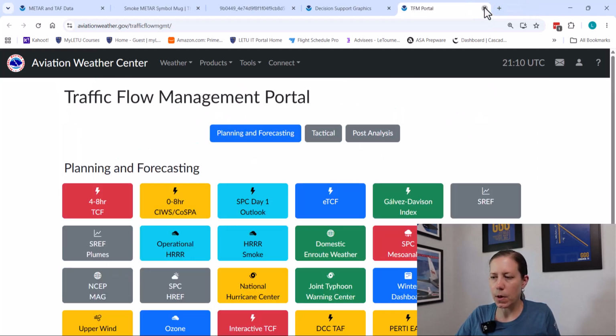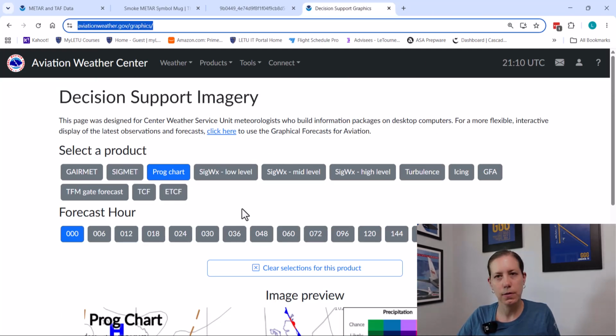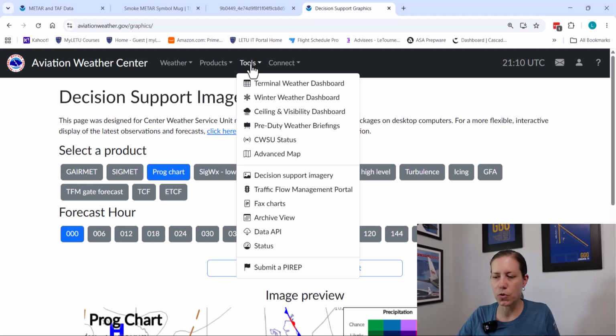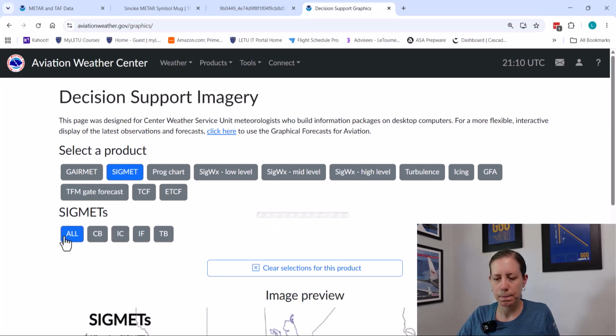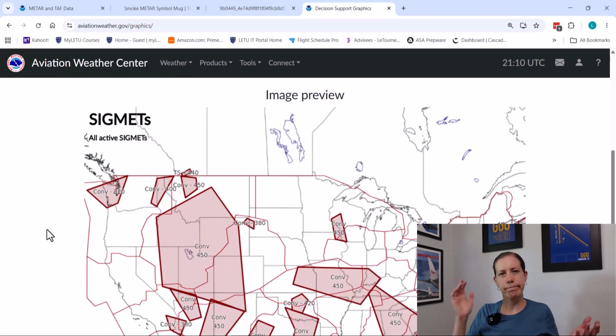Let's look at some other support graphics. So again, I will go to Tools and Decision Support Imagery, and let's look at a view of SIGMETs. So what is a SIGMET? A SIGMET is a significant meteorological weather alert, basically.